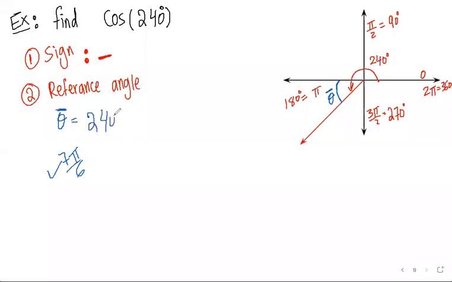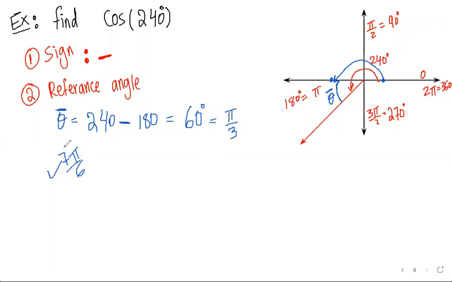240 minus, from this point to this point is 180, minus 180. And the answer is 60. 60 degrees, by radian, is pi over 3.